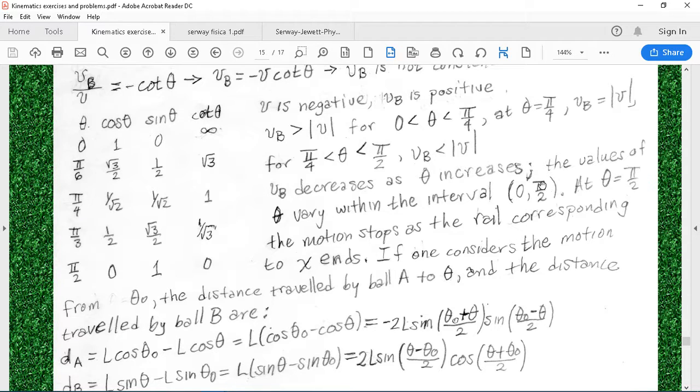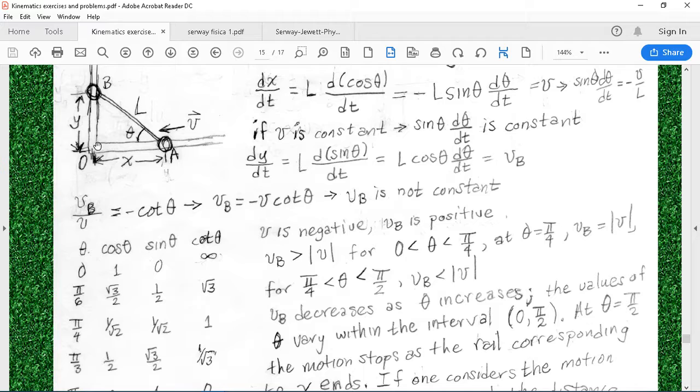At pi halves, we can assume it's a closed interval, but it is open at 0. At theta equals pi halves, the motion should stop as the rail corresponding to x ends. So ball A would reach here, and it wouldn't be able to move any further.